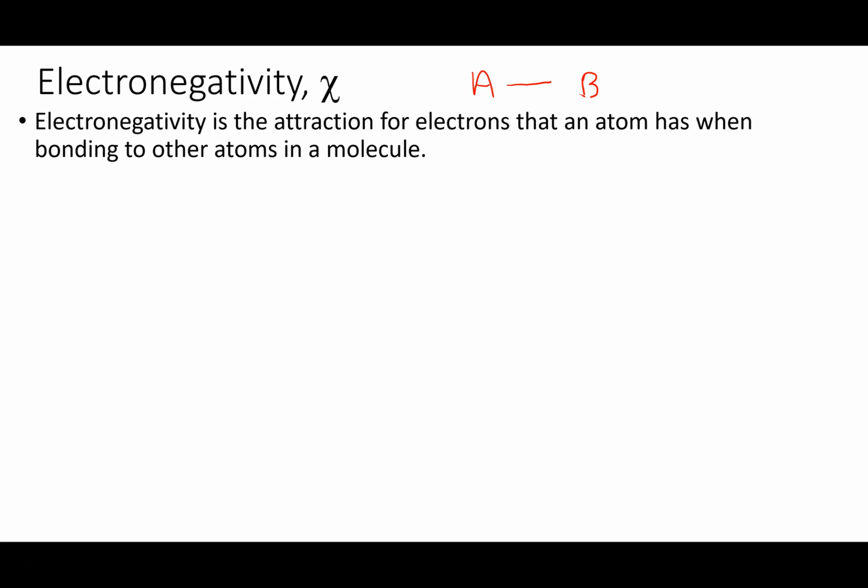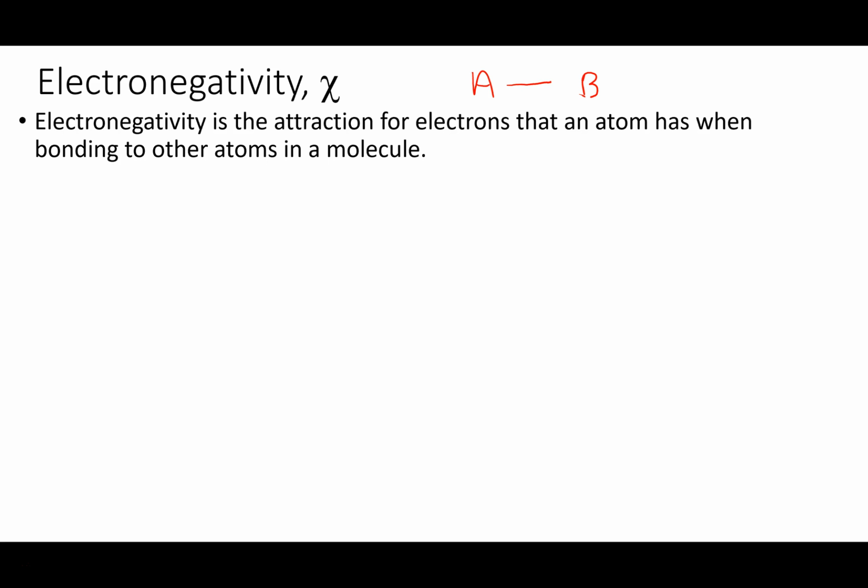But here's the deal, they might not be shared equally. The electronegativity value says in that tug of war, by the way, if I see that kind of dash between those two atoms, I need to think of a pair of electrons, or two electrons, being shared.